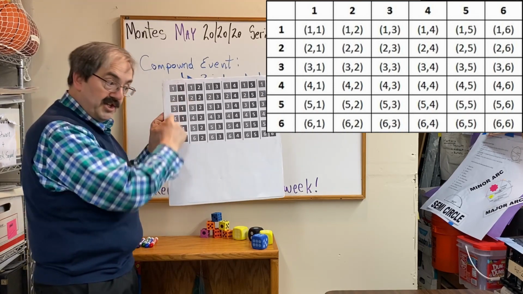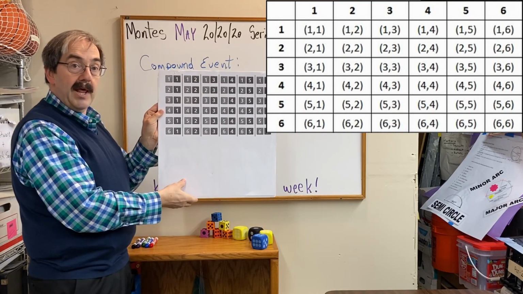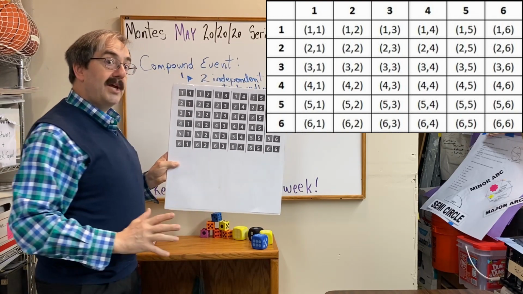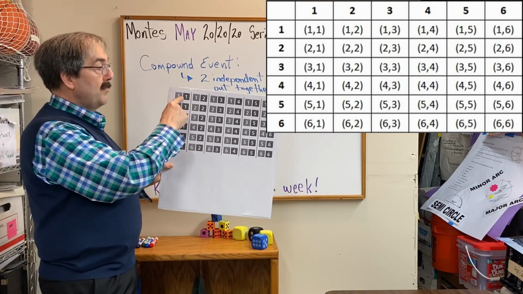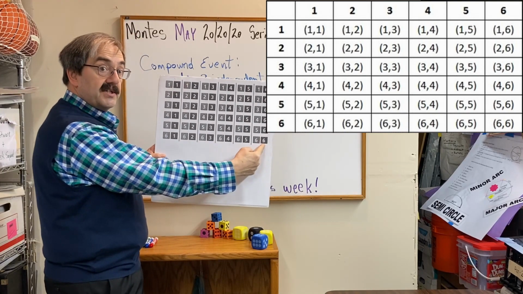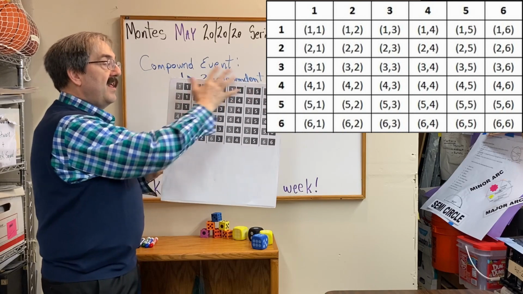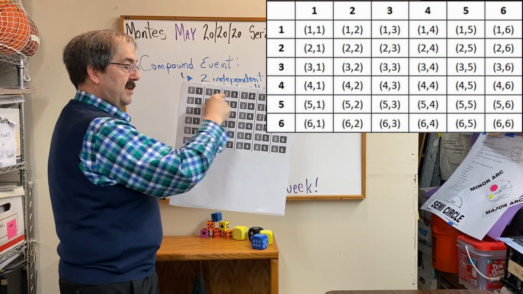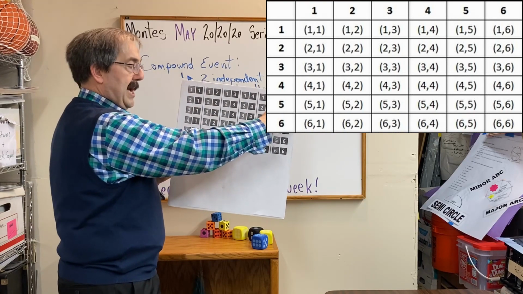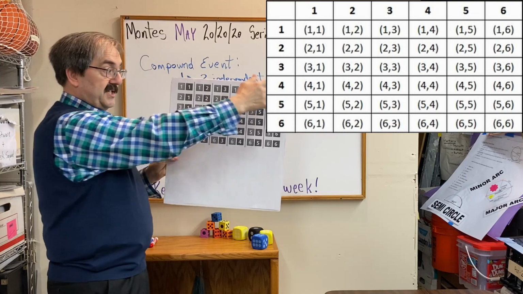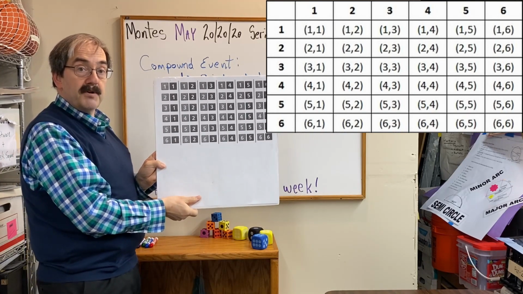How many chances are there of that happening? How many total chances are there? 1, 1, 1, 2, right? See the pattern? All the way to 6, 6. Now, take this and just multiply. There's 6 numbers on the one die, 6 numbers on the other die. 6 times 6 is 36 possible chances.